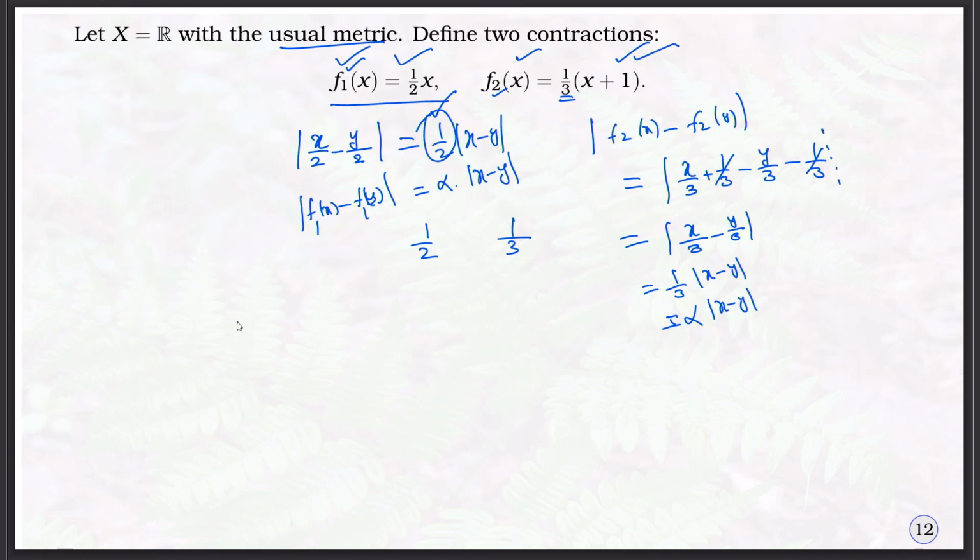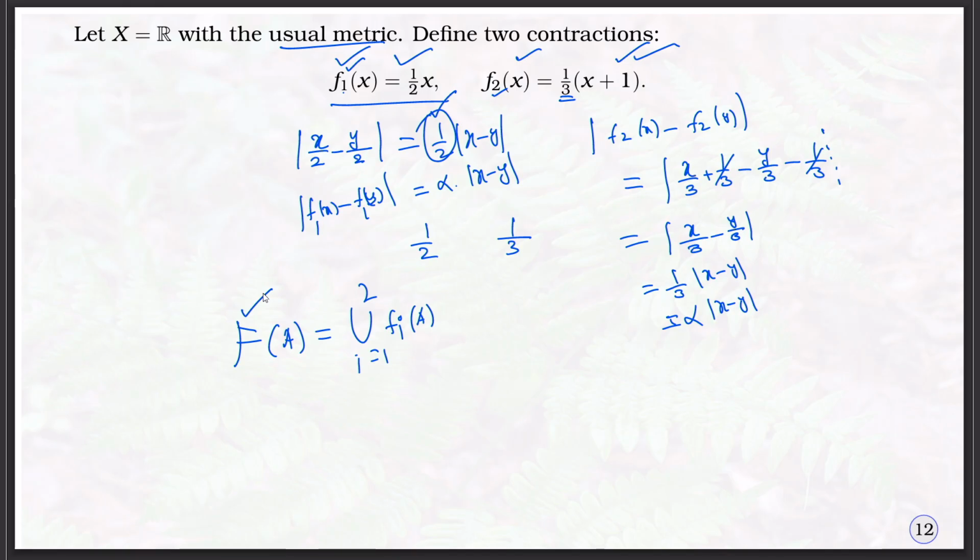So, how do we define the Hutchinson map? The Hutchinson map F of A on this hyperspace is defined as the union over i equal to 1 to 2 of f i of A. If we take f1, f2 as two contraction mappings with different contraction ratios, then F is a union of these two contraction mappings f1 and f2. Then as per the previous theorem, this is a contraction, which we proved in this result.